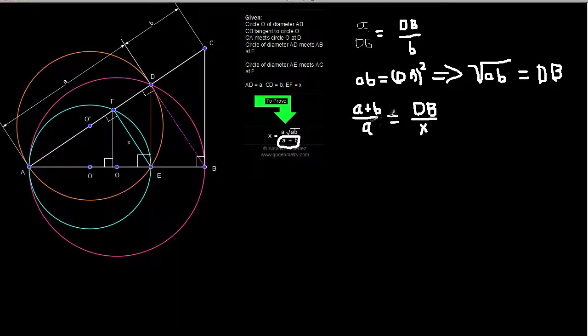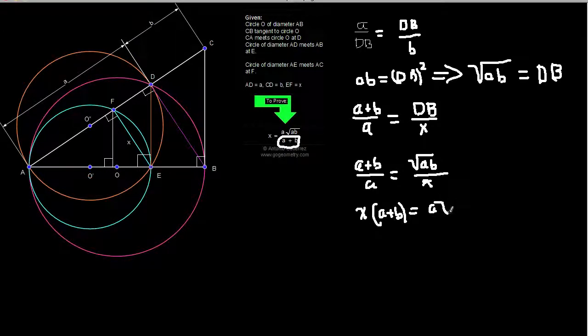So now I can rewrite this as A plus B divided by A equals the square root of AB divided by x. Okay, if this equals that, then I can cross multiply here, and I get x times (A plus B) is equal to A times the square root of AB.